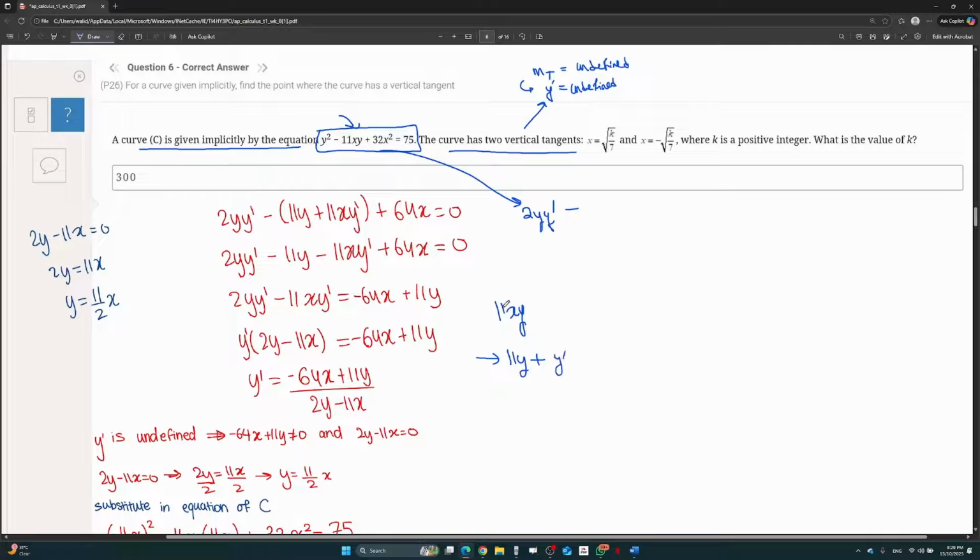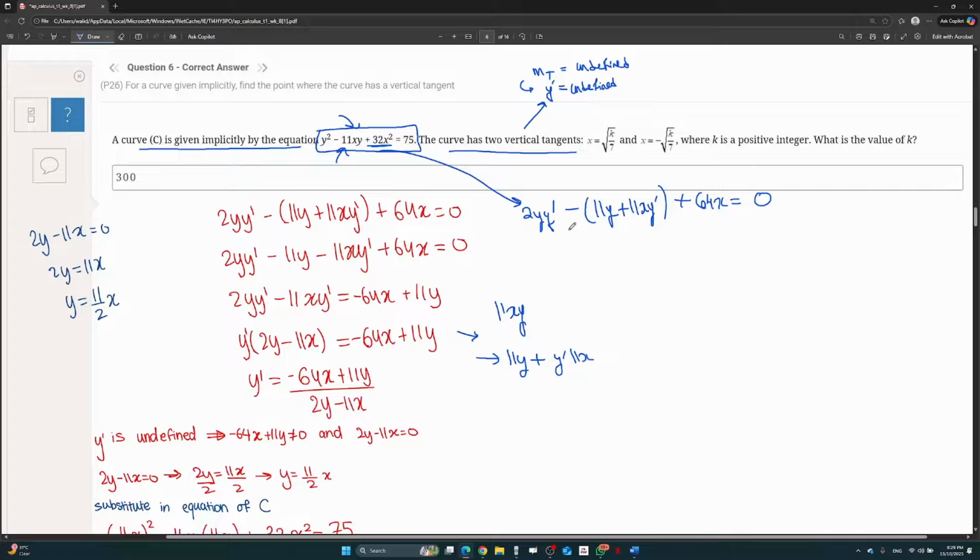It's y prime. U is 11x. Just a reminder, this is product rule. So it's going to become minus 11y plus 11x y prime plus 32x squared. The derivative of 32x squared is so easy: 64x is equal to 0.